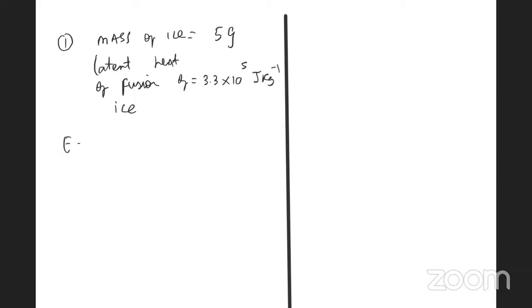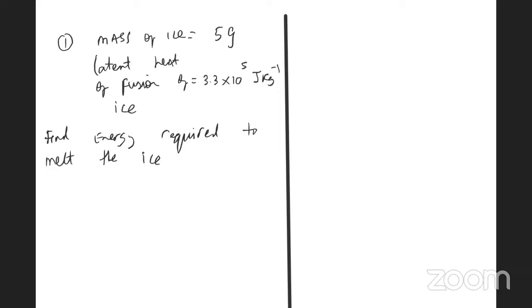Question 1. We want to find the amount of energy required to melt 5 grams of ice. Right? They want you to find the energy required to melt the ice.